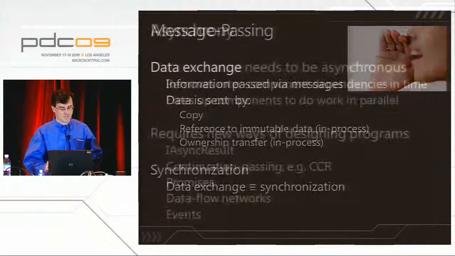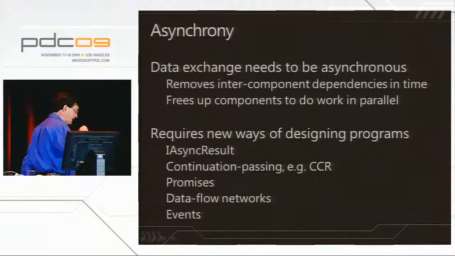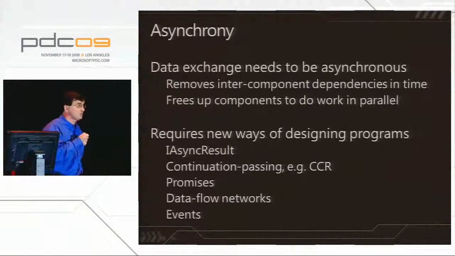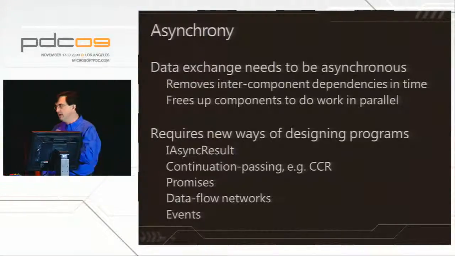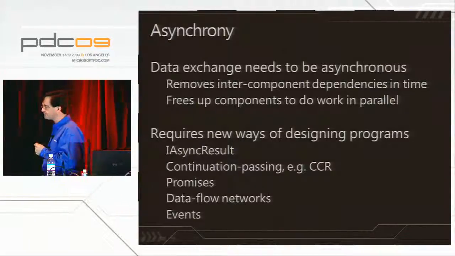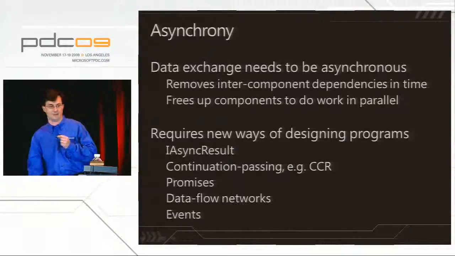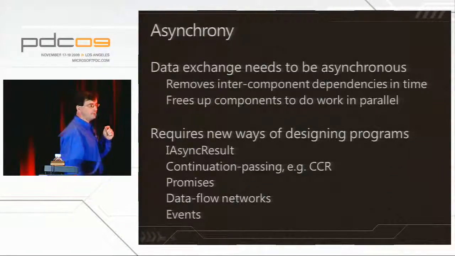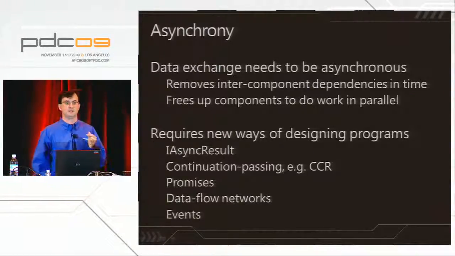All right. Now, to really leverage message passing, however, and use it as a source of concurrency, which means that we have more parallelism than we would otherwise have, we need to deal with the fact that message passing needs to be asynchronous. And asynchronous is a can of worms, literally. Right? It's going to be extremely intrusive on your code.